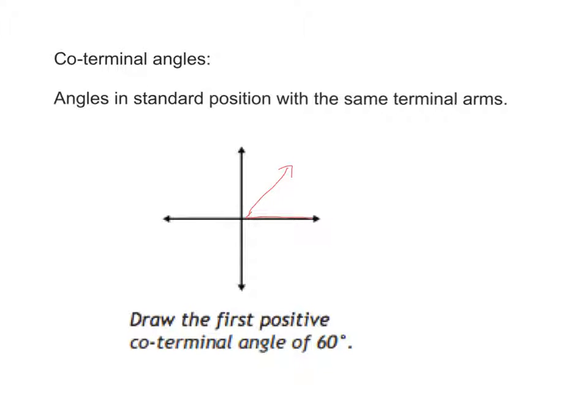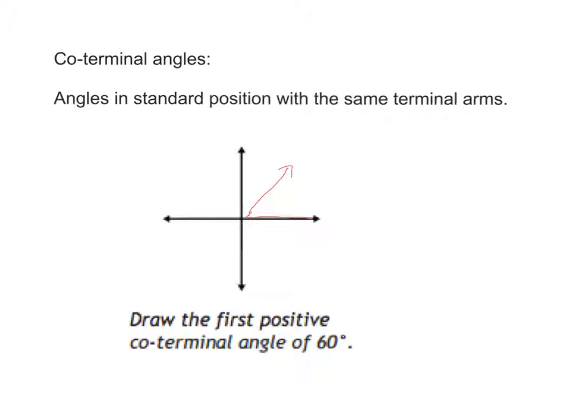Or no. Those would be here, right? 120. So this one's 60. The way to get a negative 60? Negative 60 would be down here in the fourth quadrant. But what would it be if you went negative all the way around to there? Negative 300, right? Negative 300 is coterminal to 60, but it's actually asking us for a positive coterminal angle.